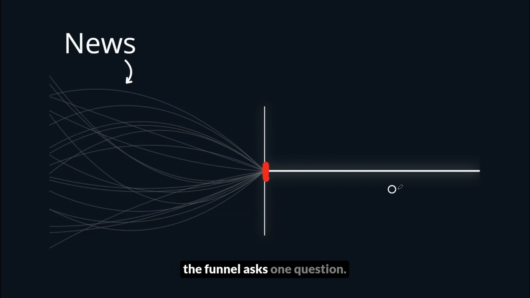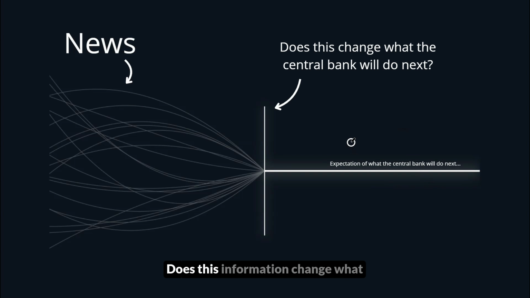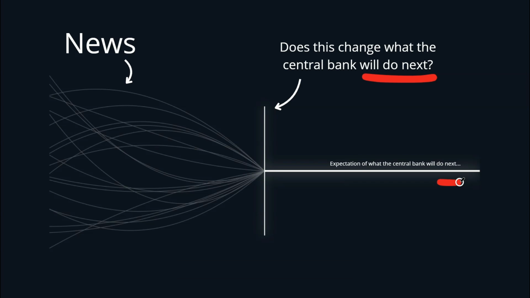And the funnel asks one question: does this information change what the central bank will do next? If the answer is yes, then expectations of what the central bank will do next move the market, because that's going to make the currency more or less attractive based on the fact that the central bank is expected to hike interest rates or cut interest rates and so on and so forth.